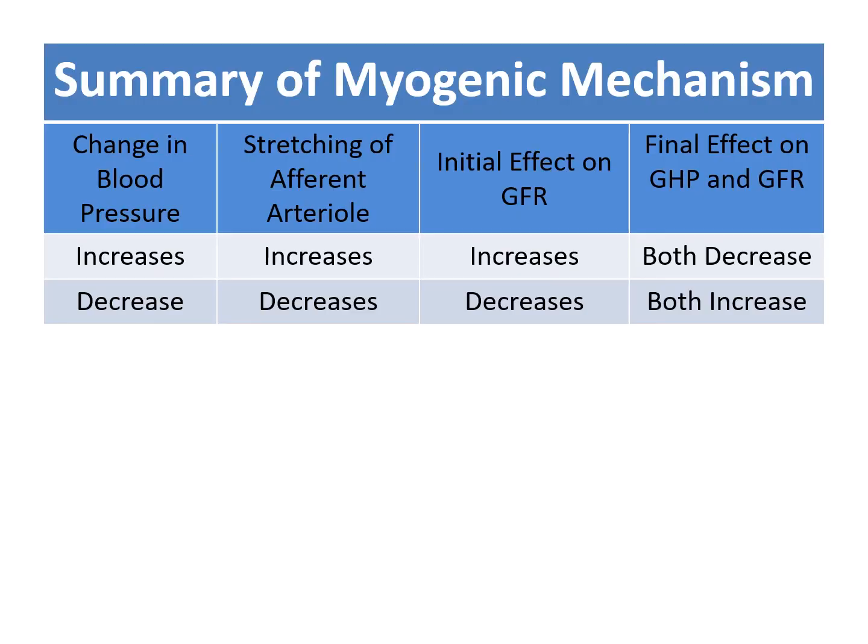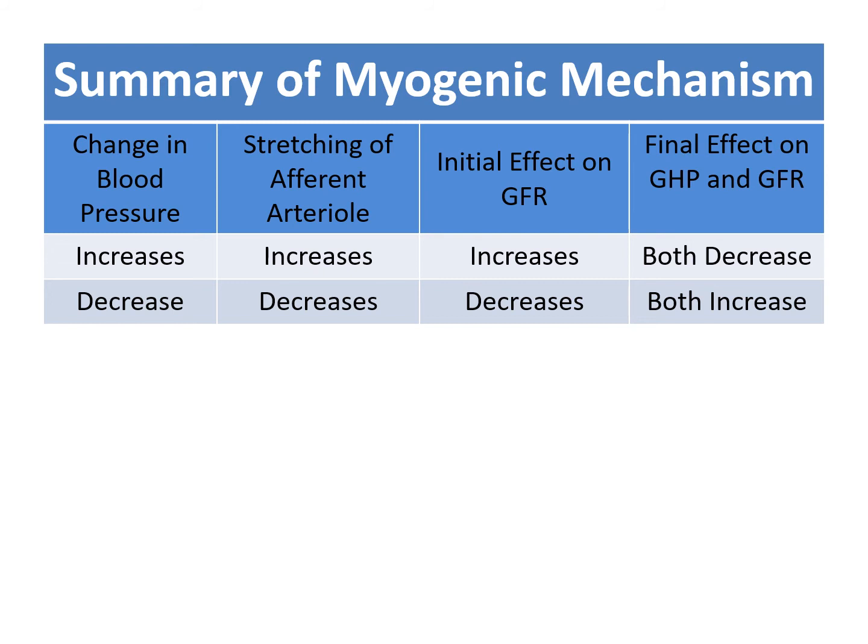So here we're making use of our applications of the afferent arteriole. Okay, so I've summarized this in this little table here. We have the change in blood pressure, which may increase or decrease, and we have stretching of the afferent arteriole, which increases if there is an increase in blood pressure, and decreases if there's a decrease in blood pressure. The initial effect on the GFR is going to be a corresponding increase if there's increased stretching, or decrease if there's decreased stretching.